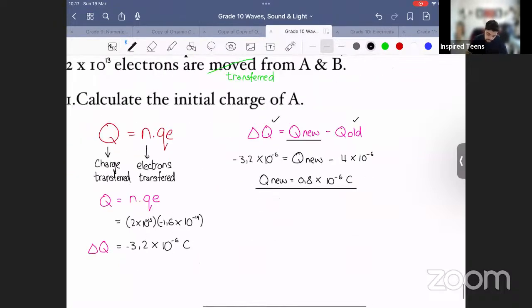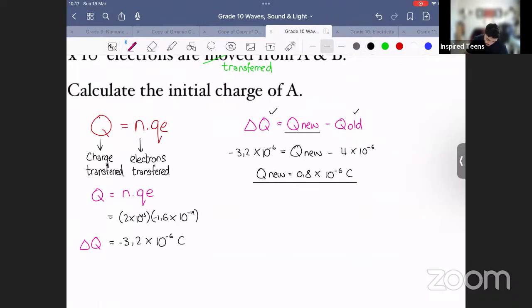Now, what formula do we know that's involved with Q new? Yes, Q new is equal to Q1 plus Q2 over 2. We have Q new and Q2, so we can calculate Q1.